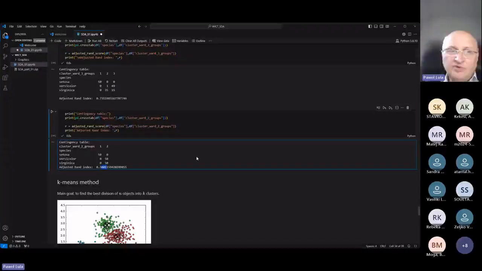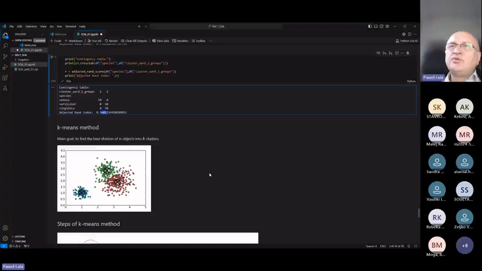It is not possible to discuss all of them during our meetings, but I'm going to present today the k-means method. It is a method which we use when we want to divide objects into a defined number of clusters.